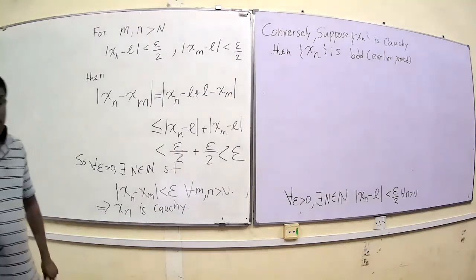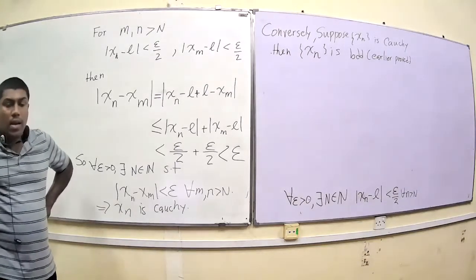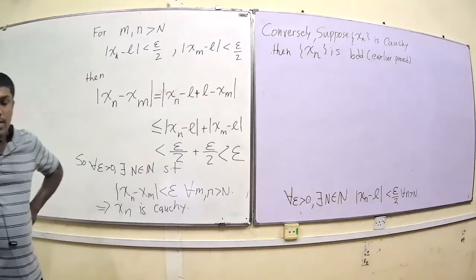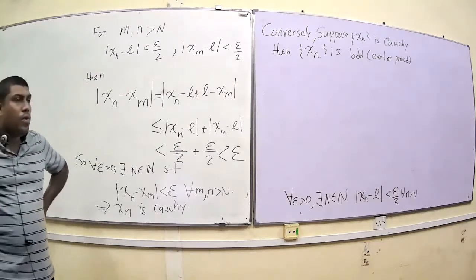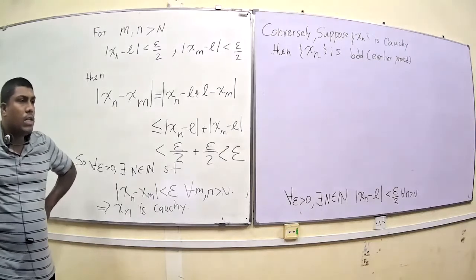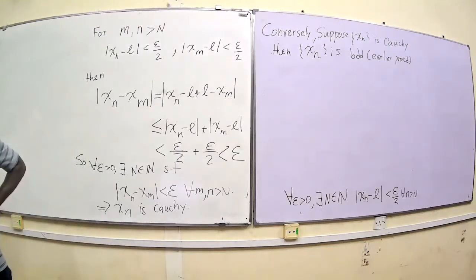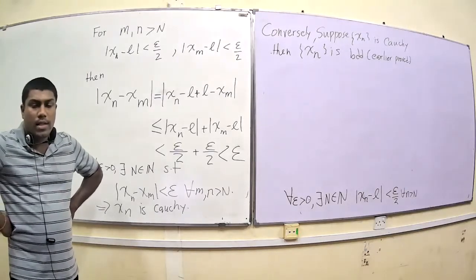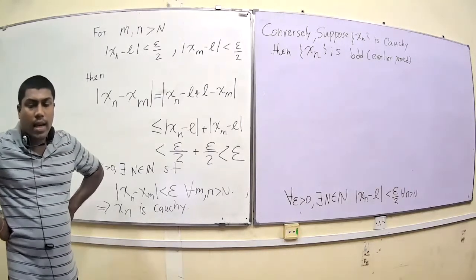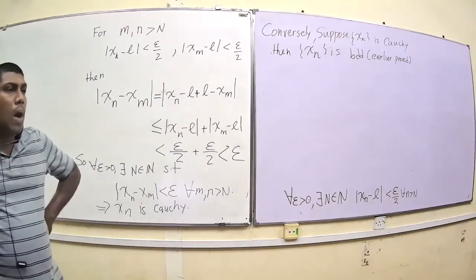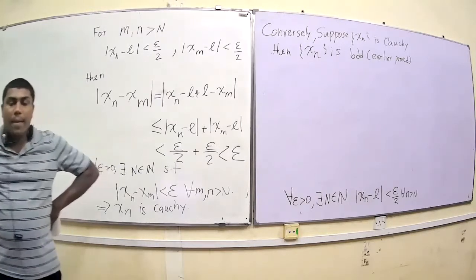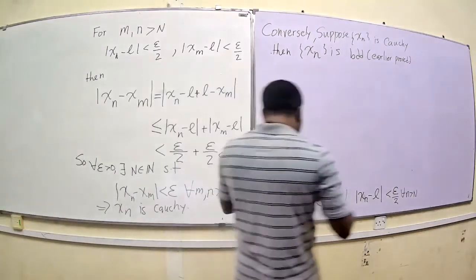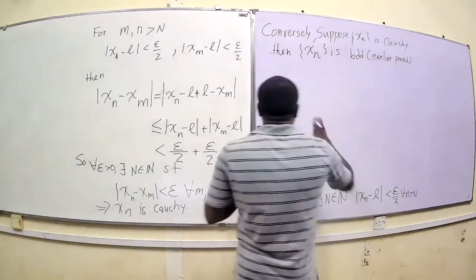When it comes to bounded sequences, one of the important theorems we studied in the last class or the class before that is the Bolzano-Weierstrass theorem. That is a theorem which relates boundedness and subsequences. Let me write the result the Bolzano-Weierstrass theorem says.